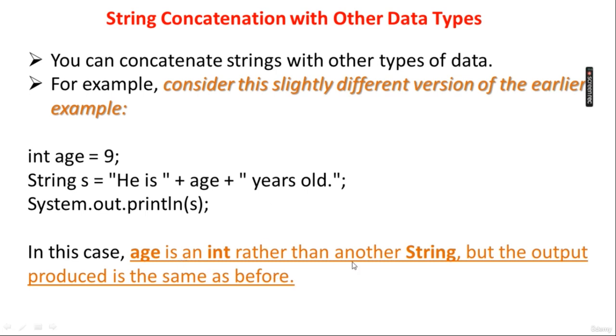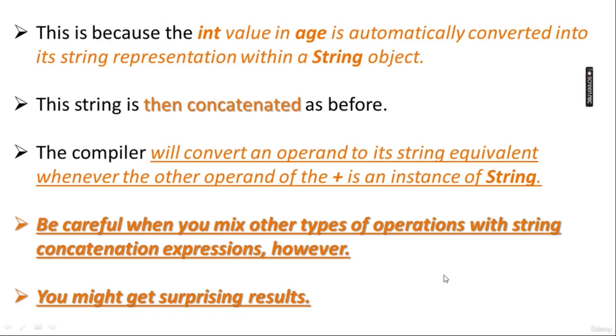Age is an int rather than another string, but the output is the same as before. This is because the int value in age is automatically converted into a string representation within a string object, and then it is concatenated. The compiler will convert an operand into its string equivalent whenever the other operand of plus is an instance of string.